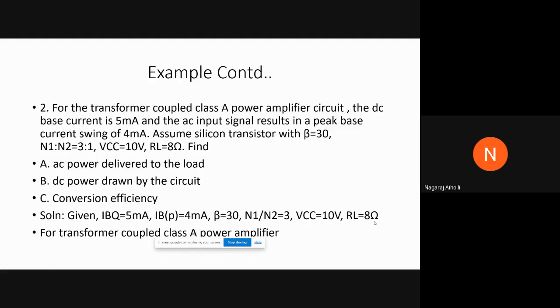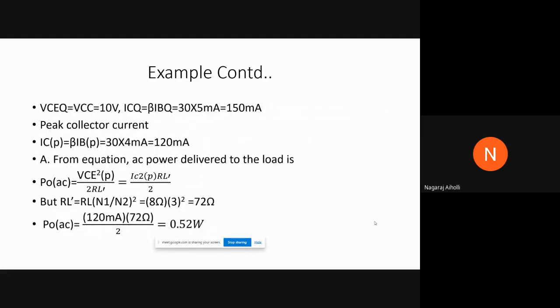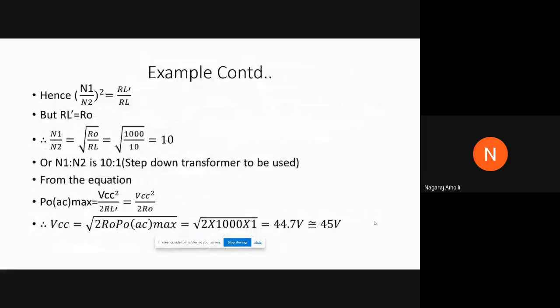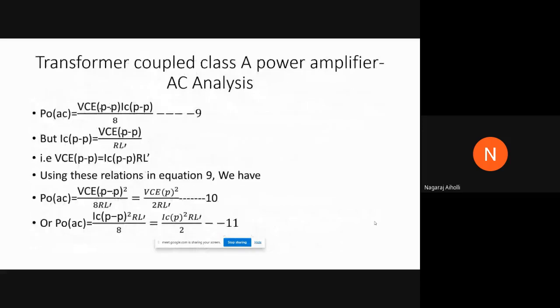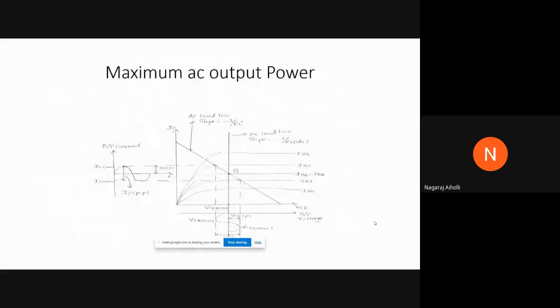Let us go back to the transformer coupled class A power amplifier. It is the curve of IC versus VCE, the graph of IC versus VCE. Here, if we see in this graph, VCEQ is equal to VCC for the transformer coupled class A power amplifier.